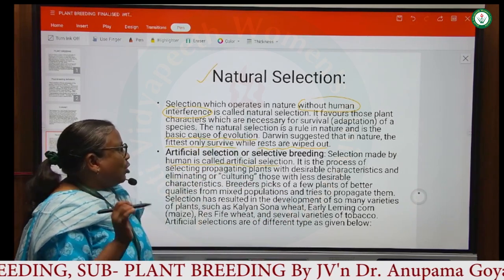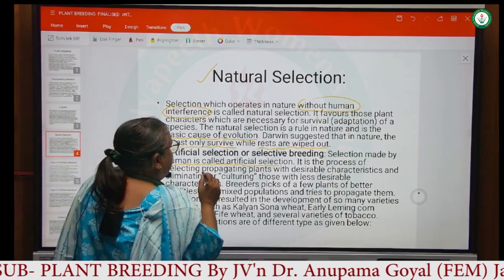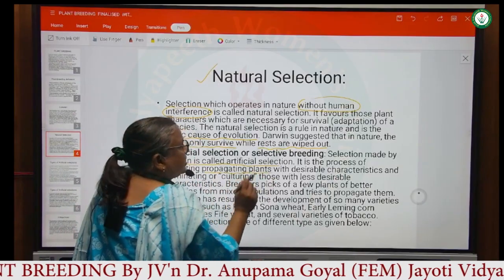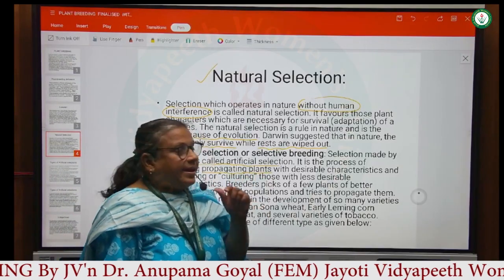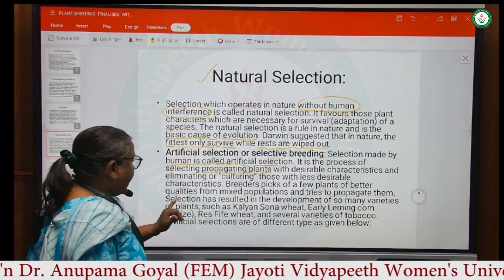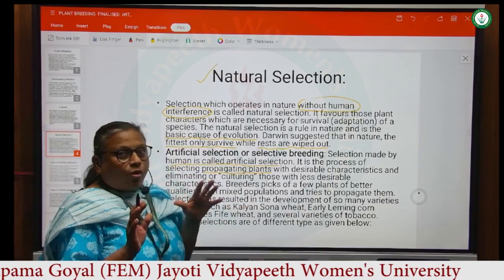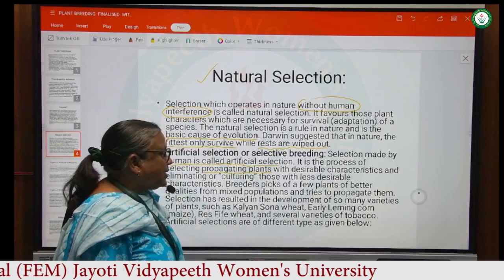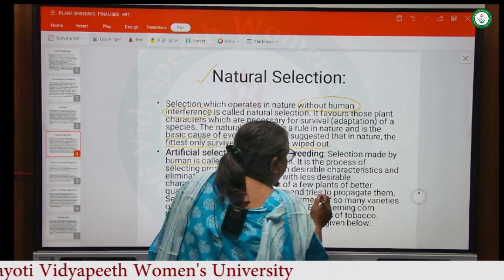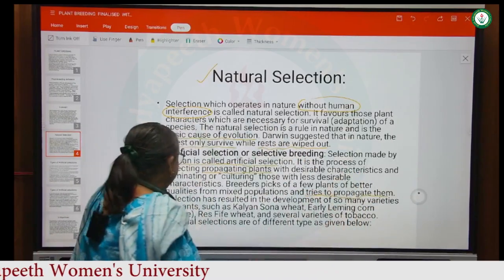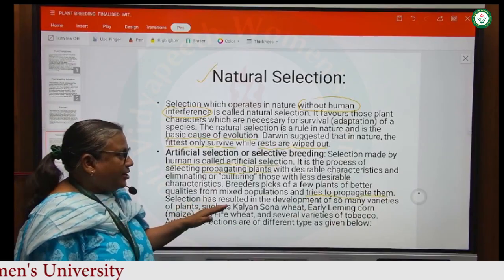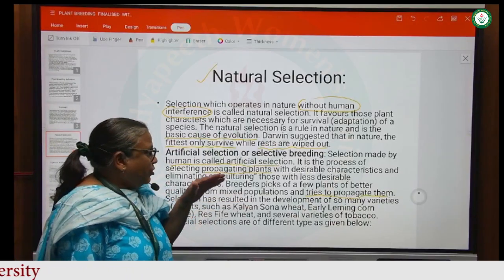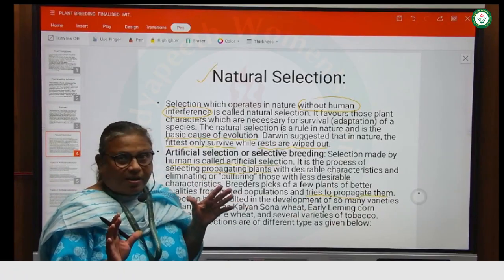It is a process of selecting and propagating plants with desired characteristics and qualities from mixed populations and trying to propagate them. Selection has resulted in the development of so many varieties of plants.